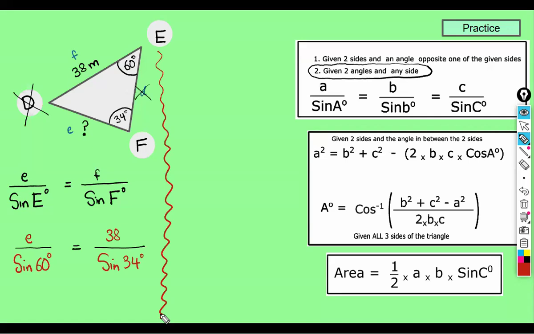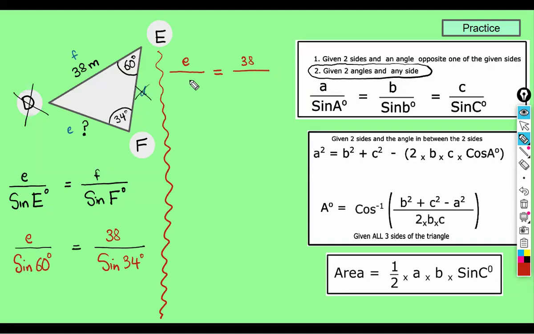Right. Now, before we cross multiply, you notice we could find sine 60 in our calculator, and we could also find sine 34. So why not find both of these to 3 decimal places and then cross multiply? How about that? So we have E, and here you have 38.